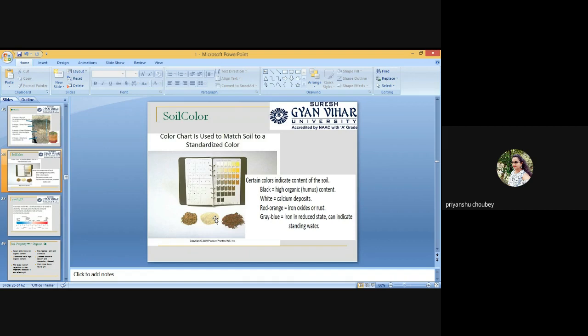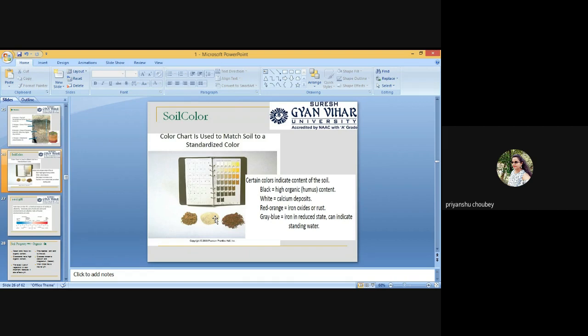So soil color is very important for soil, and soil color provides valuable information regarding the soil condition and some properties of the soil.